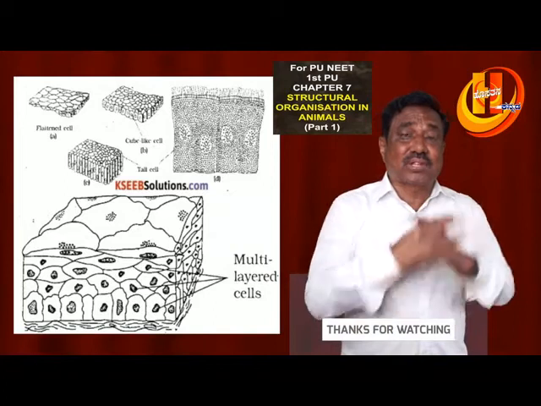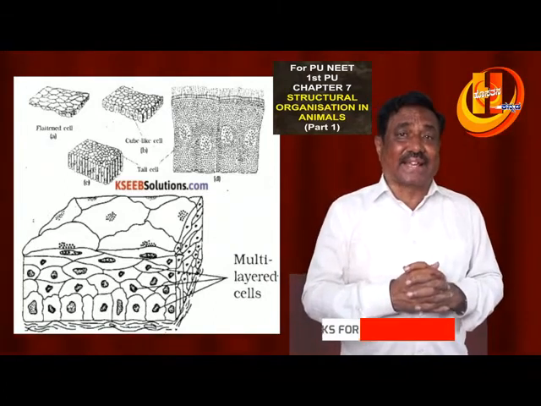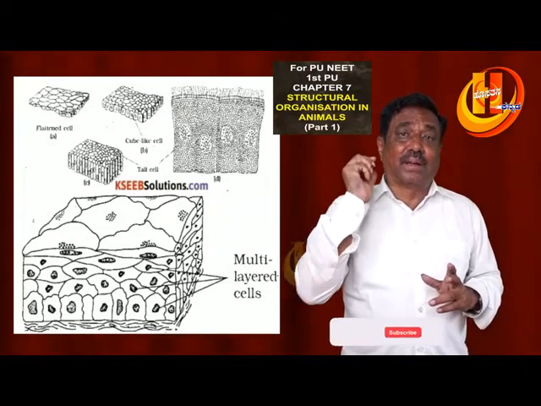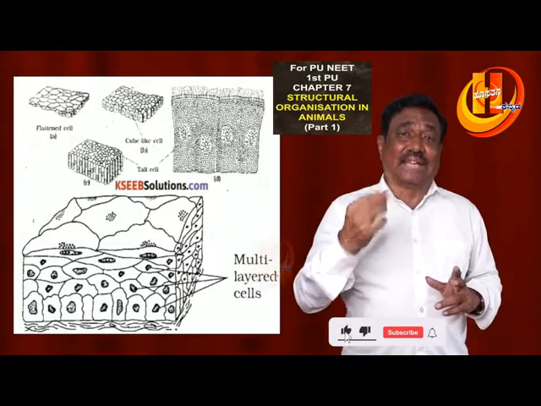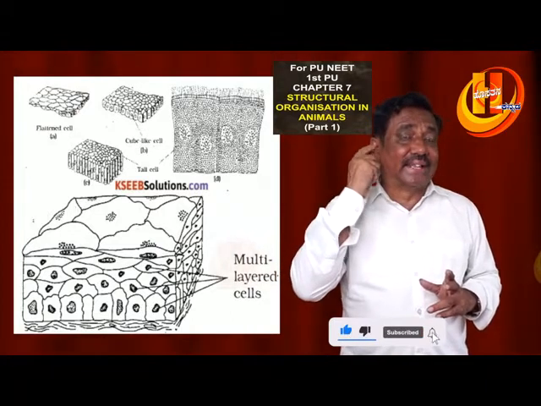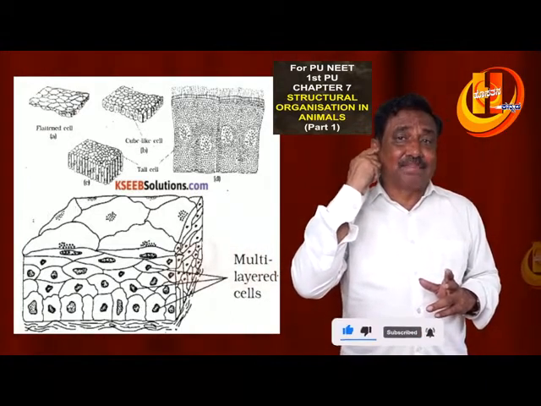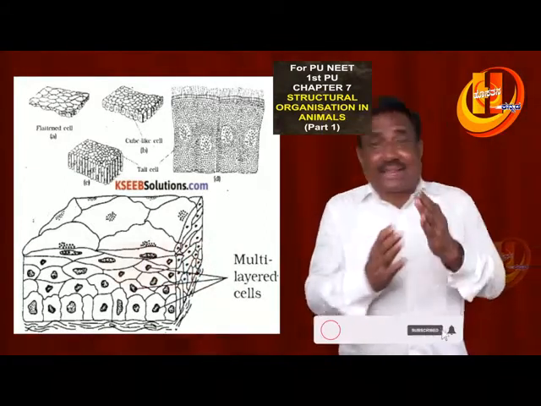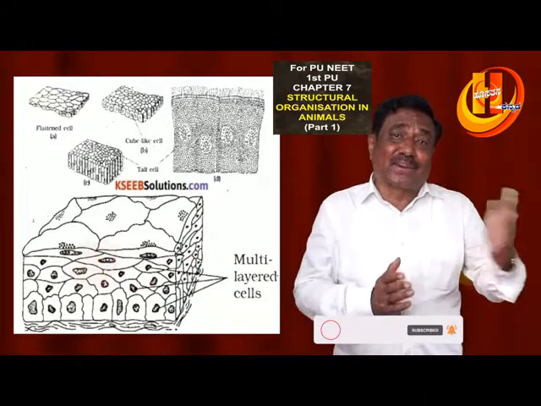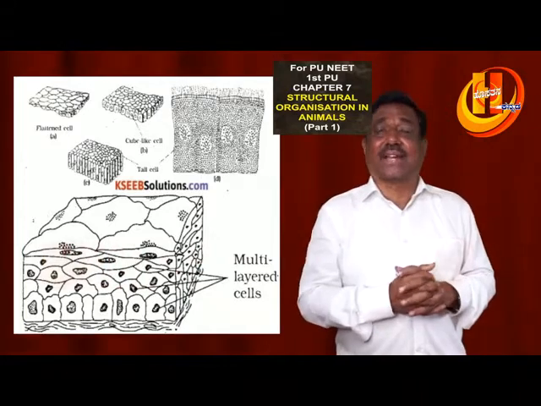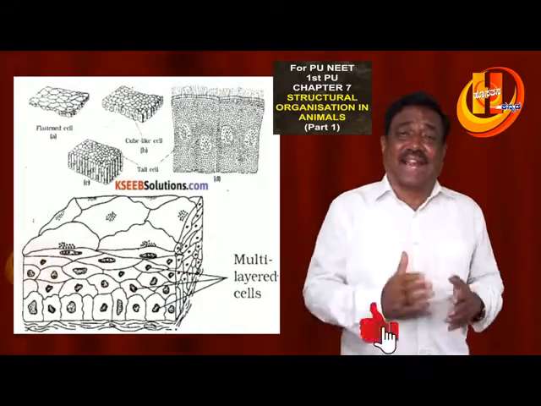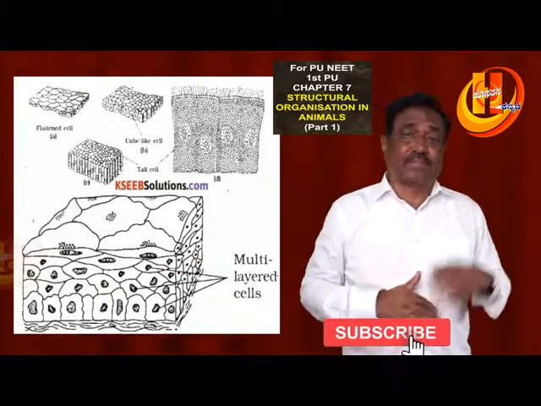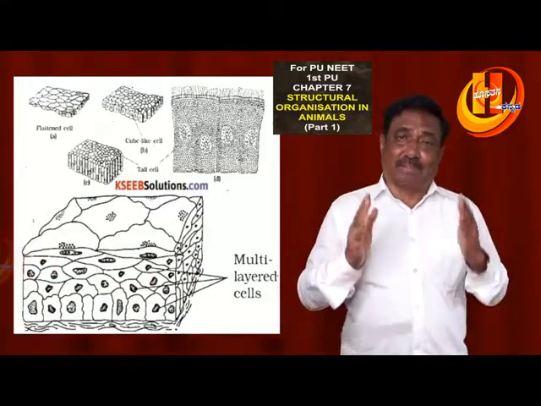Exocrine glands secrete mucus, oil, earwax, and enzymes. These are all the things secreted by exocrine glands, and endocrine glands secrete hormones. These glands are lined with the glandular epithelium. That is also very important.